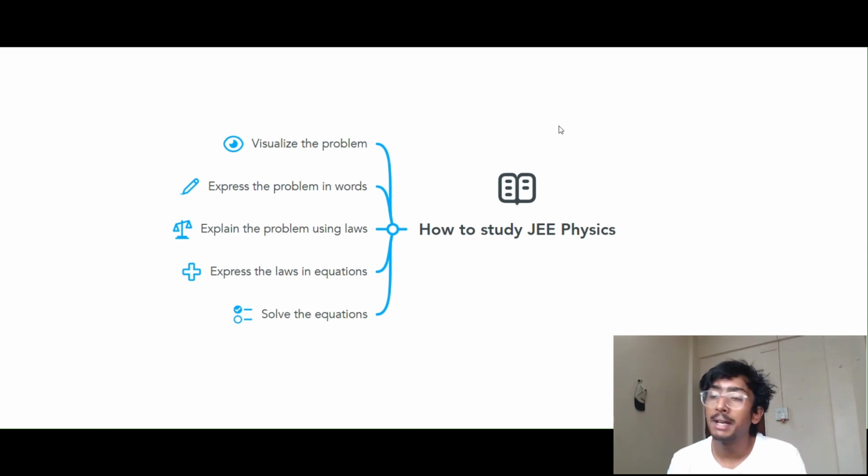And now you can explain the problem using laws that you know. Physical laws are unbreakable, at least on this planet that we're living. And as far as H.C. Verma goes, there's only one problem that I've ever experienced where it's talking about something outside of the earth. So you can explain problems using laws that are applicable on the earth, physical laws that are unbreakable. So now let's stick to the example of the ball and the slope itself.